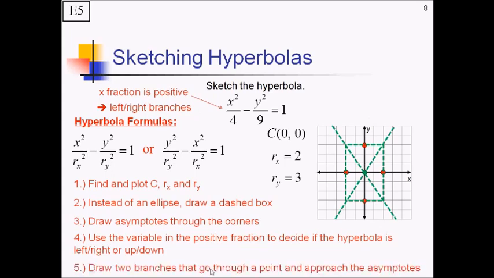So our next step is just going to be to draw the two branches, going through whatever point we drew on that side and also approaching the asymptotes. So we have a left branch over here, approaching our asymptote, going through this point and approaching the other asymptote, like so. And then we're going to draw another branch over here doing pretty much the same thing, but going to the right instead. And these two branches are the only things that are physically on the hyperbola.